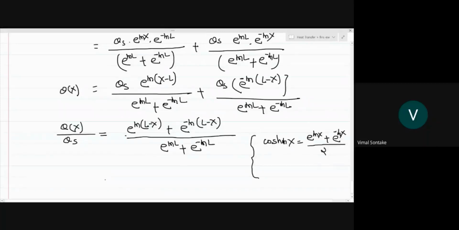So can I write this entire term in the numerator in the form of cos hyperbolic mx? Yes. Here x will be replaced by L minus x. So this entire numerator term will become cos hyperbolic m L minus x into 2. This 2 will be multiplied by this because we are supposed to get this value.